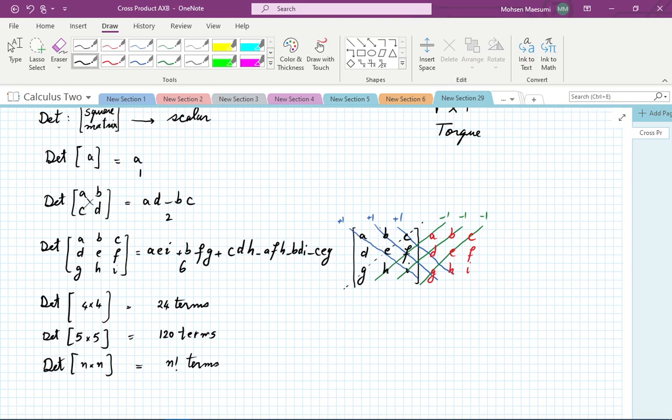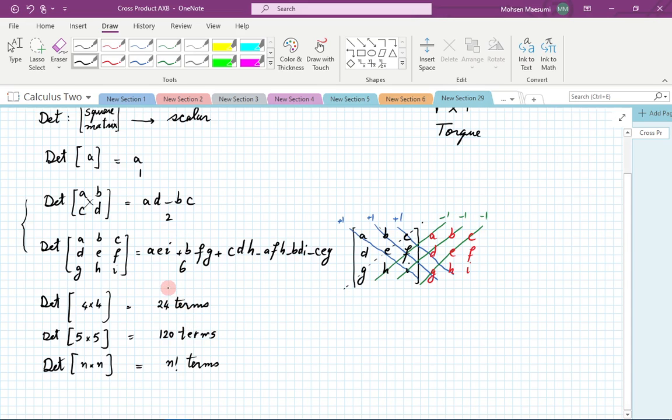Each product has exactly 1 entry from each row and each column. Half of them come multiplied with plus ones and the other half multiplied with minus ones. As I said, in reality we just work with these two, unless you go to your linear algebra class, and then you have more advanced versions of these things. Okay.